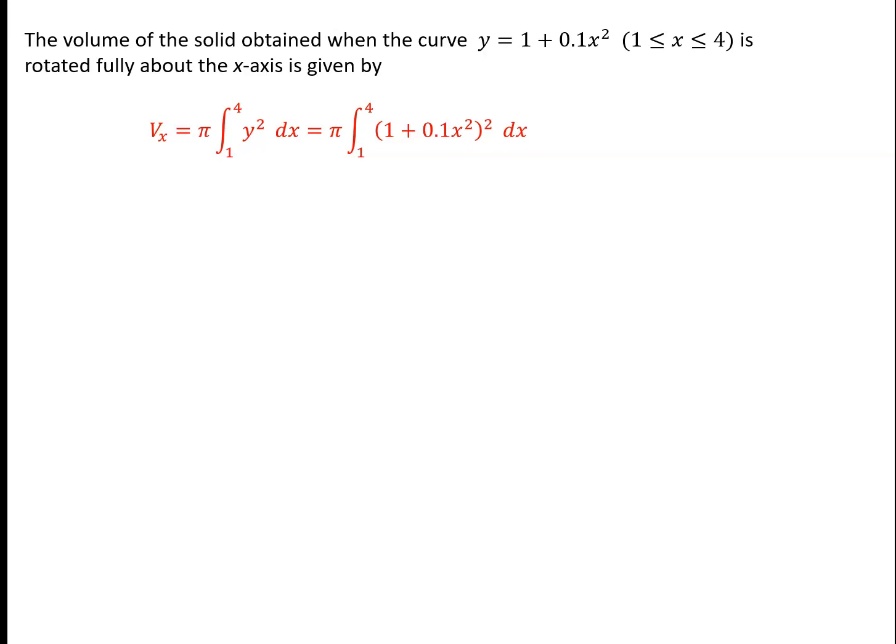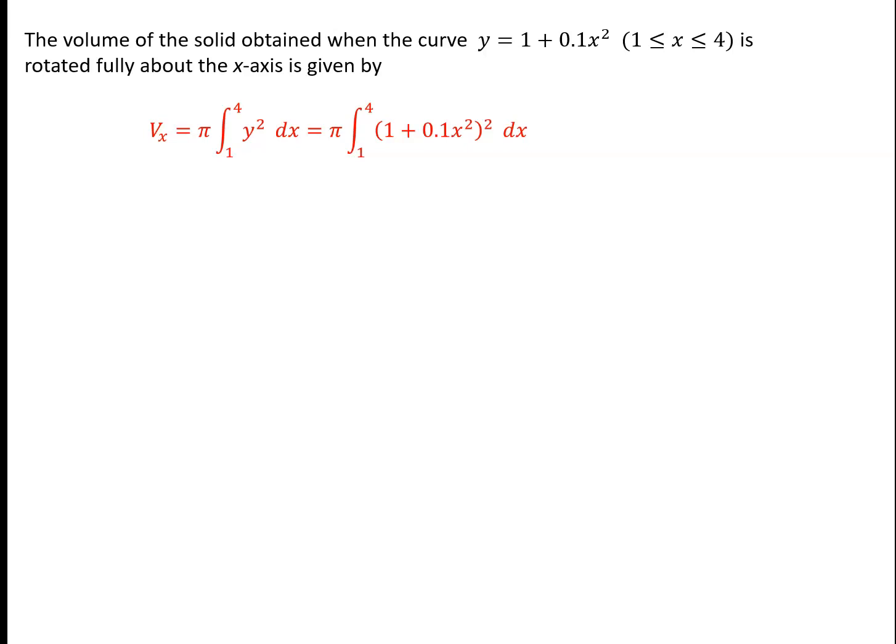The pi is a constant, so we can pull the pi right outside the integral sign. So we've got pi times the integral between 1 and 4 of 1 plus 0.1 x squared, all squared.